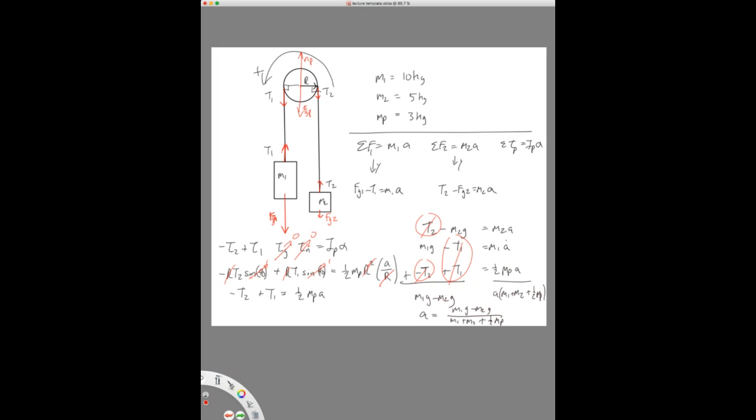And so let me just, on my calculator, plug in these numbers. I get 2.97 meters per second squared.